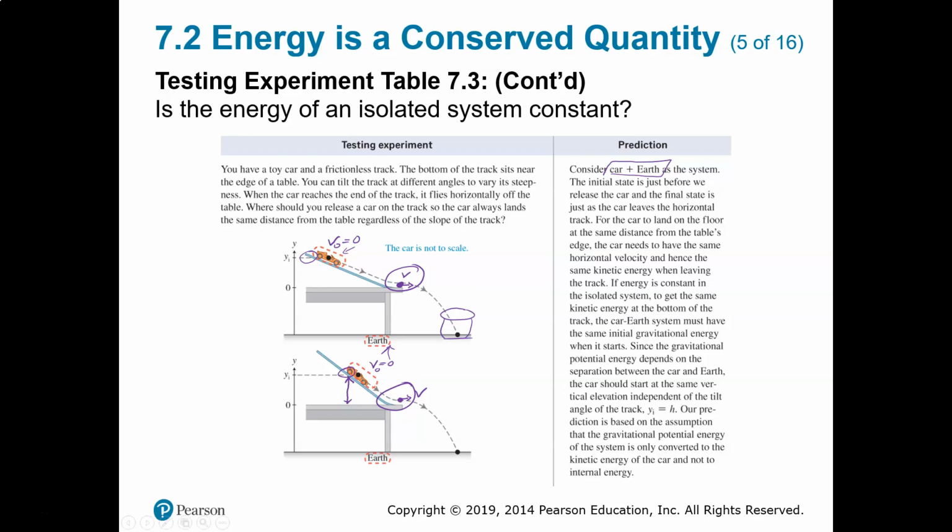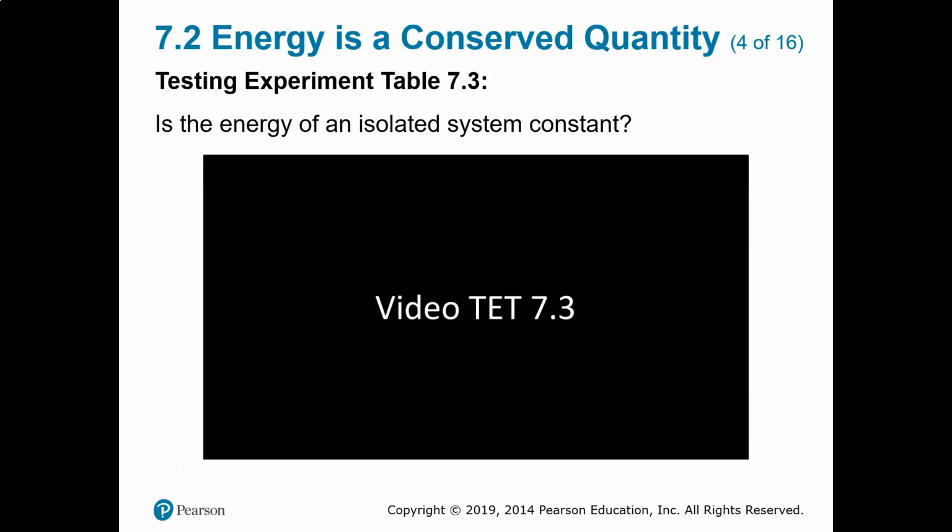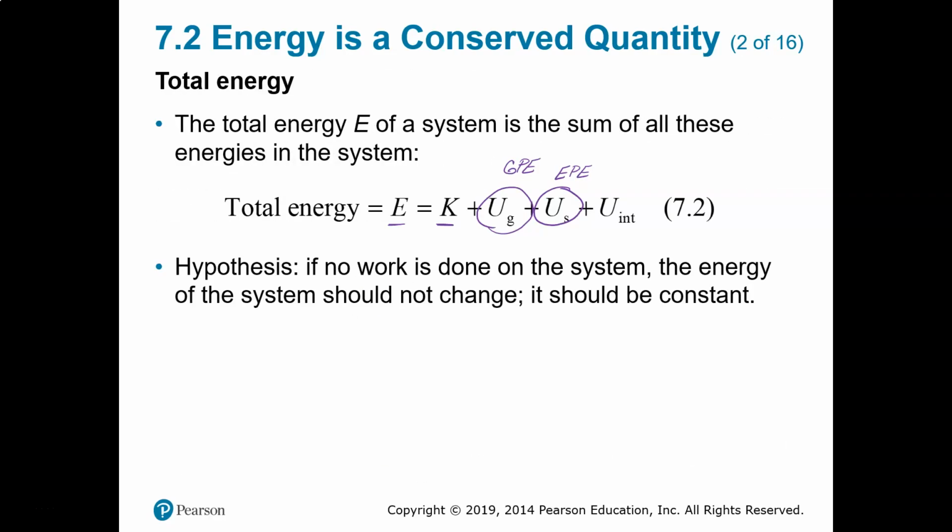Is the energy of an isolated system constant? Yes. When we released the cars from the same vertical height, they landed the same distance from the table. They both hit the bucket. So let's go back to our equation for a second. If we are not having any work come in, what we just showed was that these two can change as long as their sum stays the same.